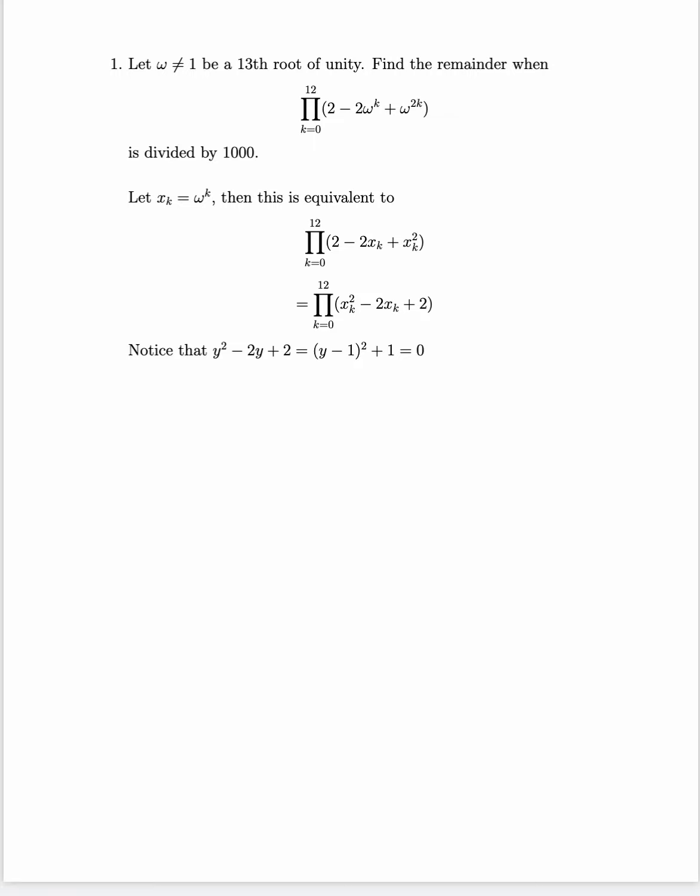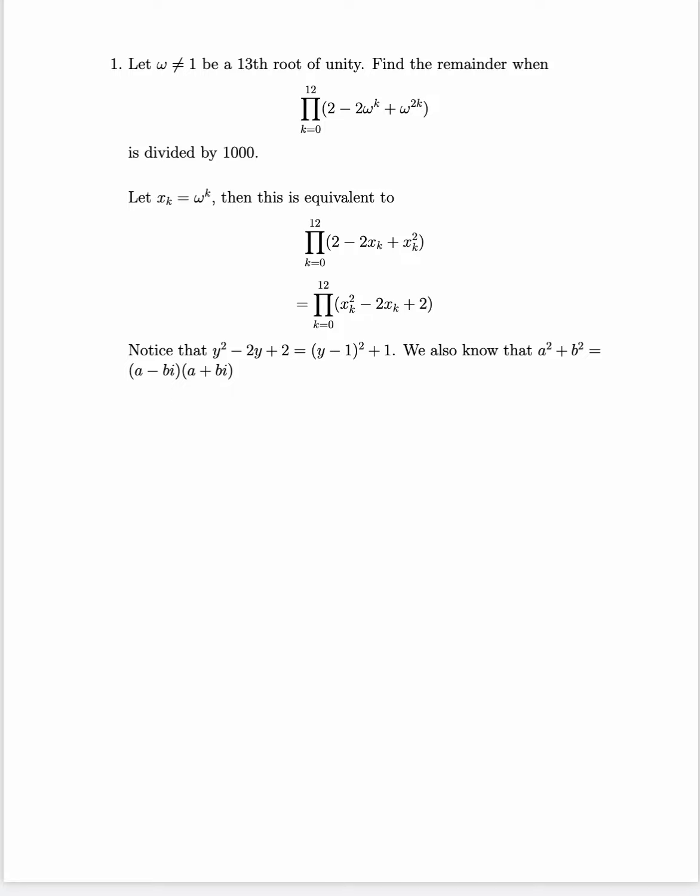We also know that a squared plus b squared is equal to a minus bi times a plus bi, since we can factor this into the product of two complex numbers. Notice that a complex number times its conjugate is equal to the square of its modulus. So basically the same thing.